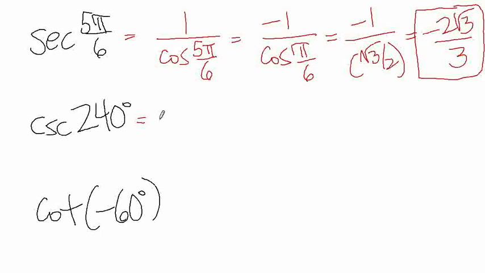The cosecant of 240 degrees is the same as the reciprocal of the sine of 240 degrees. And let's see, 240 is 180 plus 60. So I can see that 60-degree angle with respect to the third quadrant. So the sine of 240 degrees is minus the sine of 60 degrees.